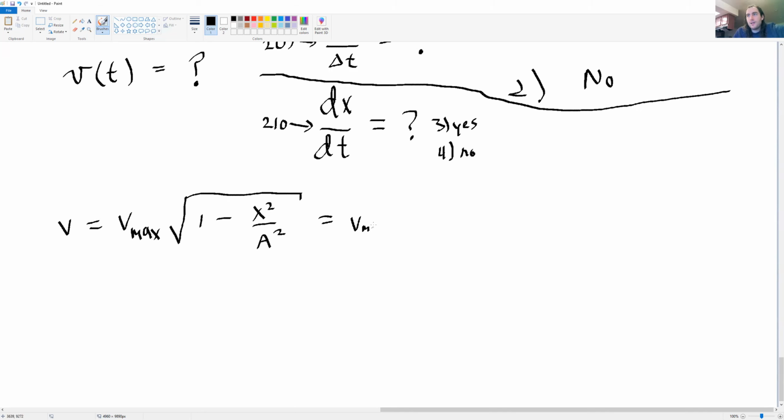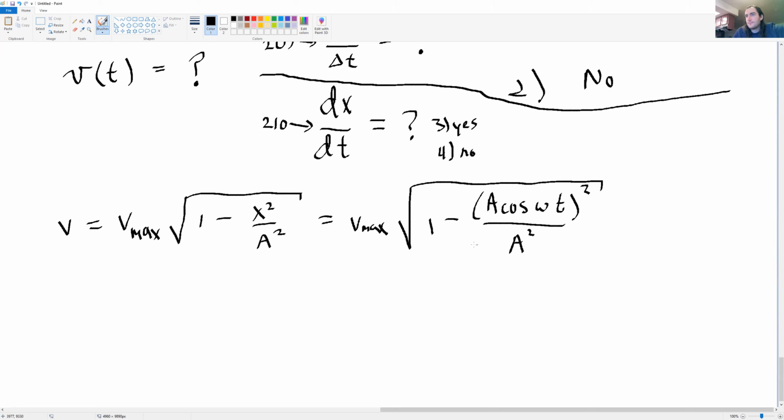I simply plug in what x is. This is how people did physics back in the day, before Newton came along and revolutionized physics and math by inventing calculus.